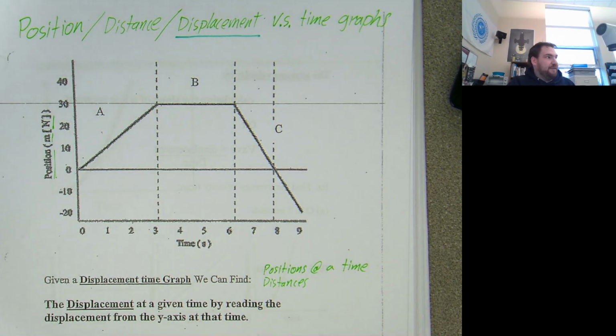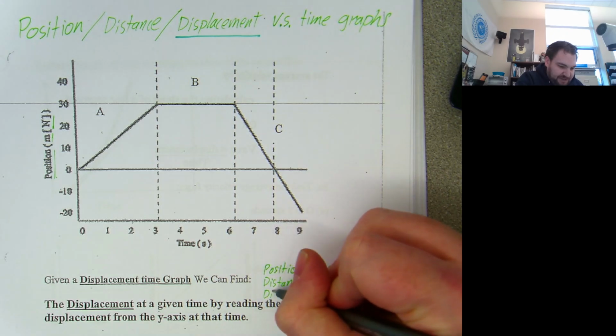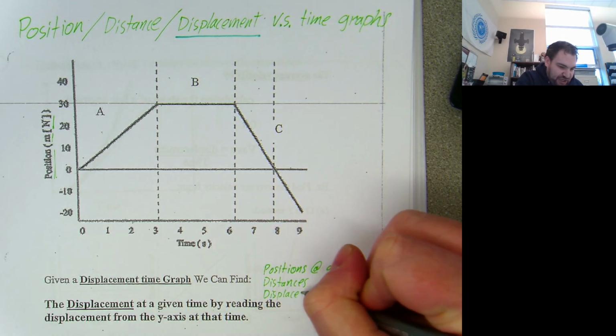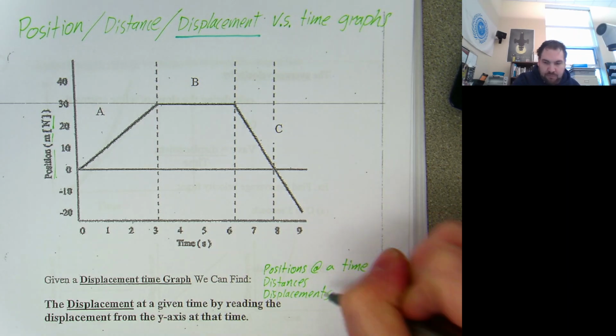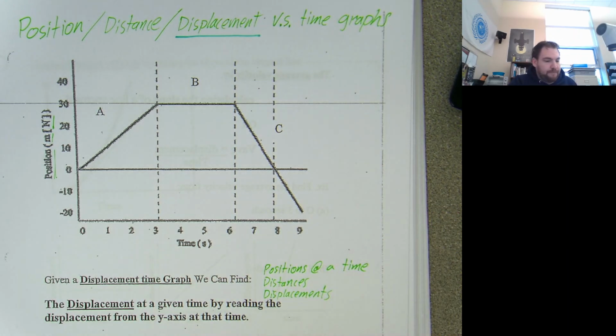We can compare different positions. We could add the travels up. We could look at displacements. Displacements are just changes in position. The bug was here, now the bug is there.